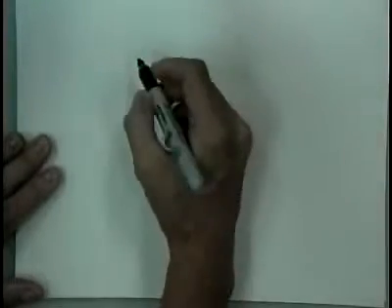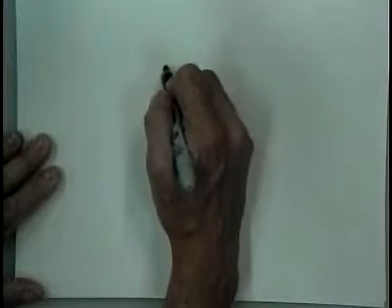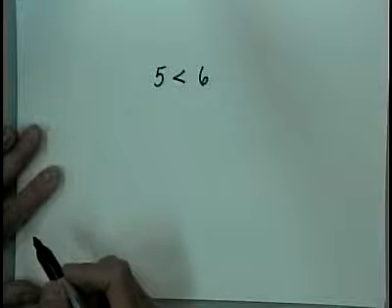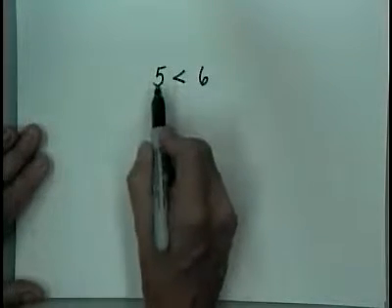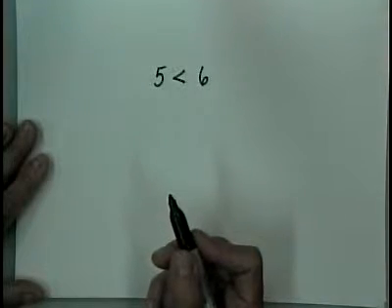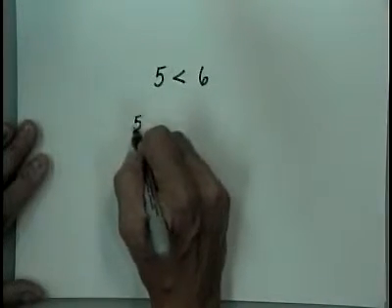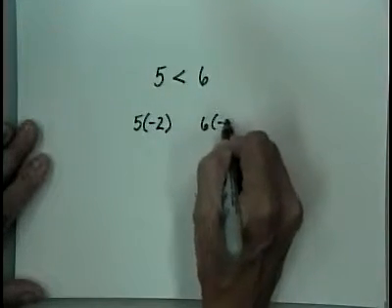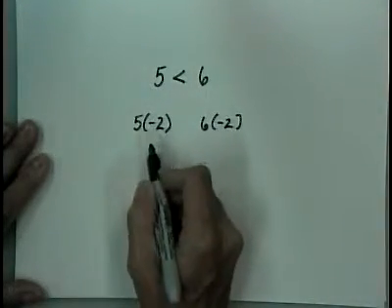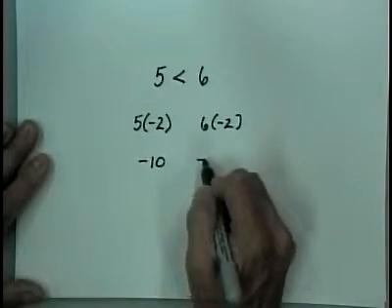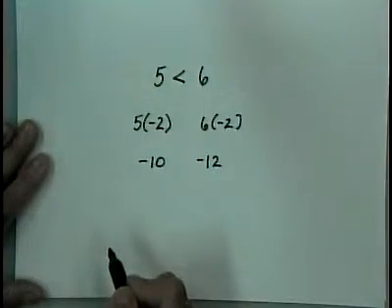Notice that if you had an inequality that you know is true, like 5 is less than 6, suppose I take the number 5 and the number 6 and multiply each of them by the same negative number. Let's pick arbitrarily the number negative 2. Well, 5 times negative 2 is negative 10, and 6 times negative 2 is negative 12.